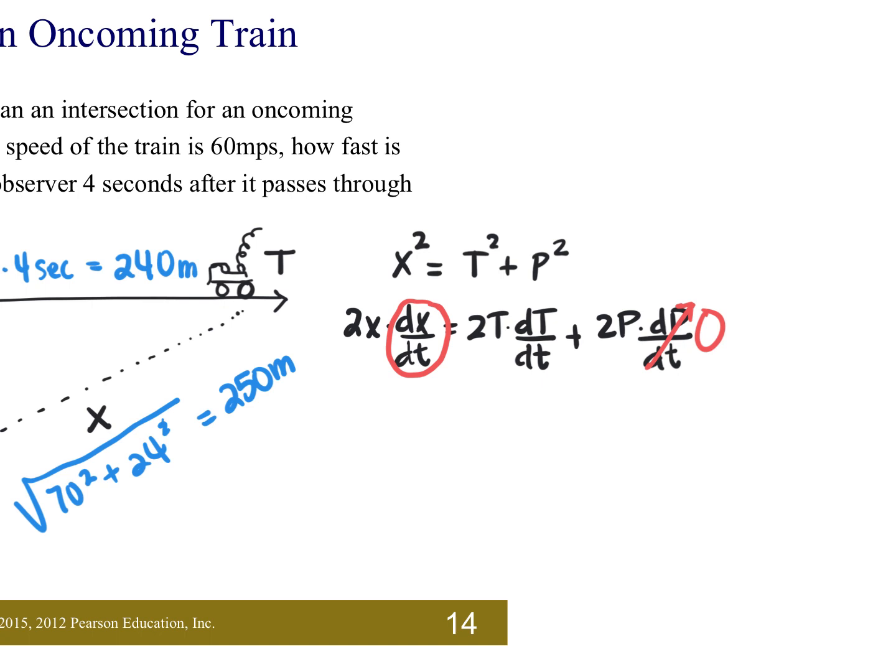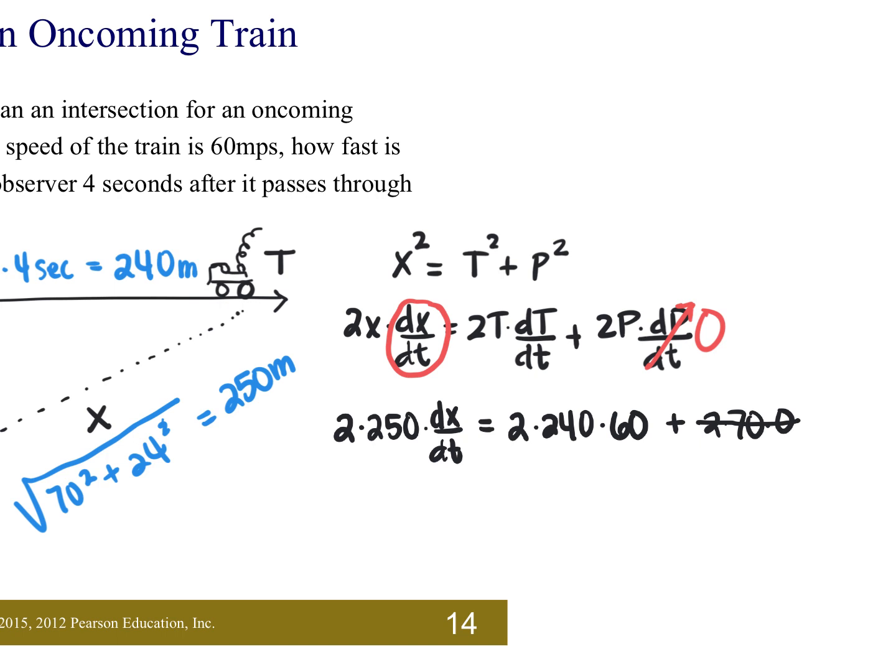So going back to our equation, 2 times x, which is 250, dx/dt, which is unknown at this point, which is what we're trying to find, equals 2t, which is 240, and then what goes in for dT/dt? 60, and then plus 0. Okay, it was really 2 times 70, but times 0, so that eliminates that whole part.